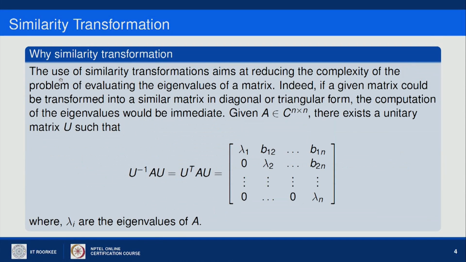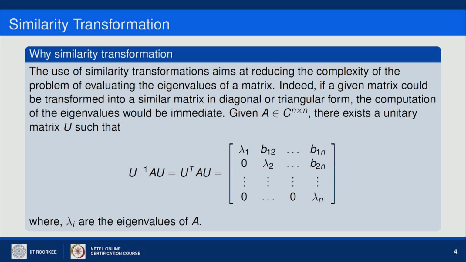Why do we need similarity transformation, especially when we are talking about eigenvalues and eigenvectors? The use of similarity transformations aims at reducing the complexity of the problem of evaluating the eigenvalues of a matrix.